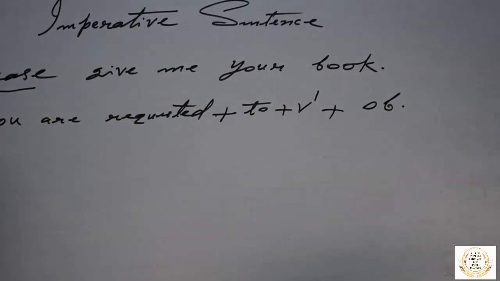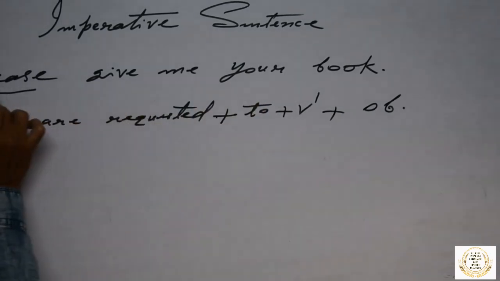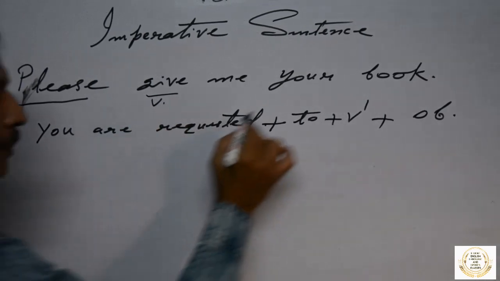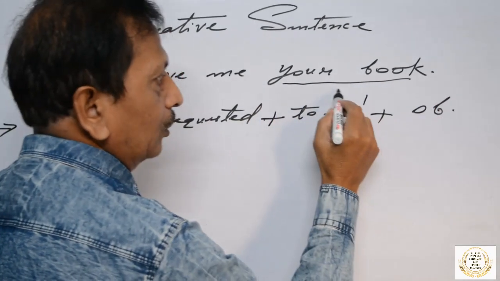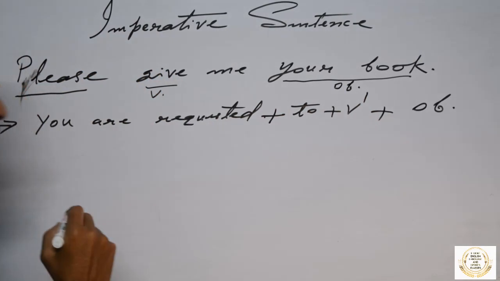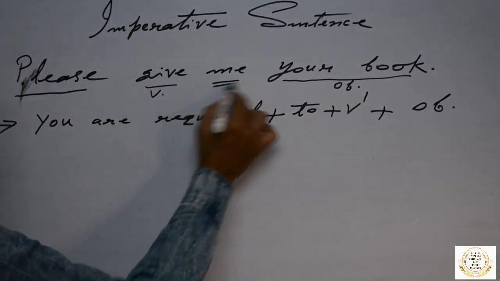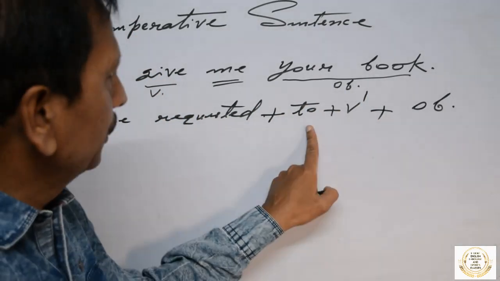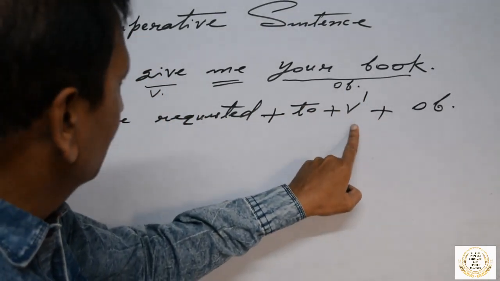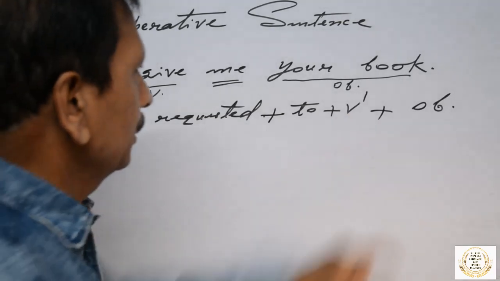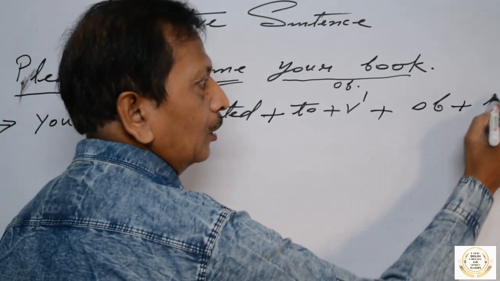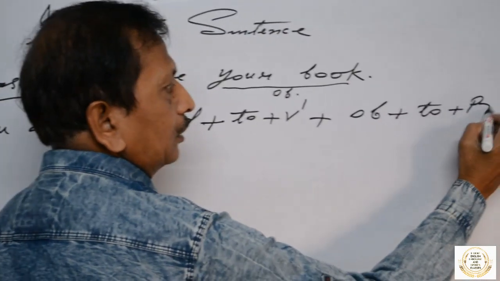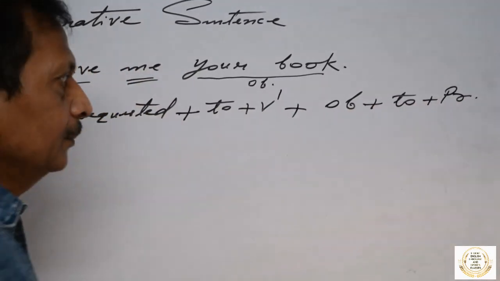So in the question, this is your verb, means principal verb. Your book, this is your object. Okay. This is a pronoun. You are requested to give your book to plus pronoun here. Okay.